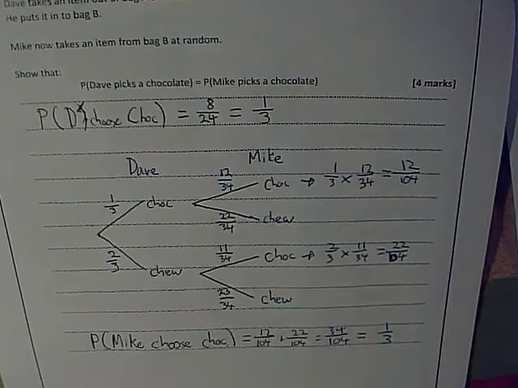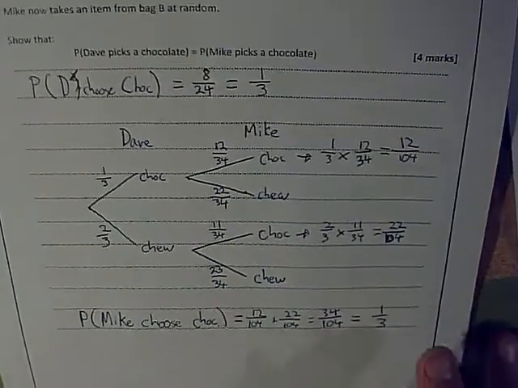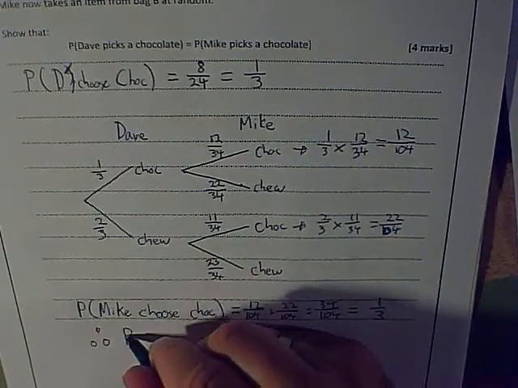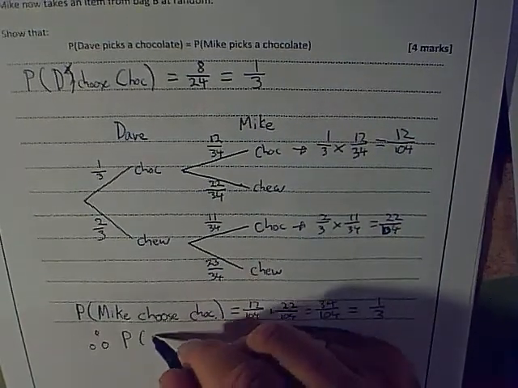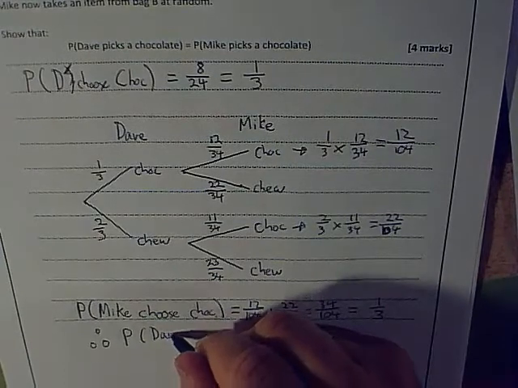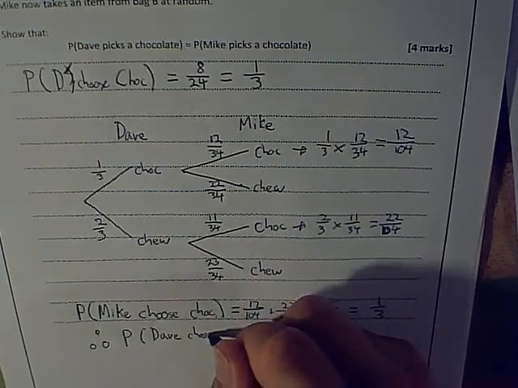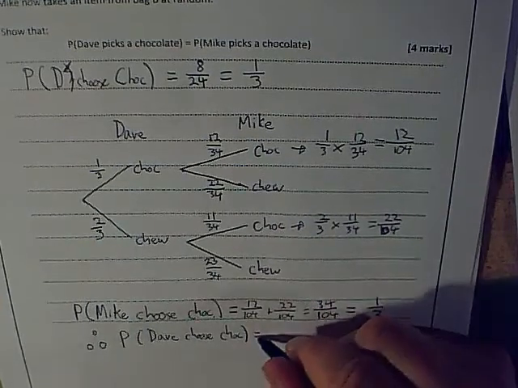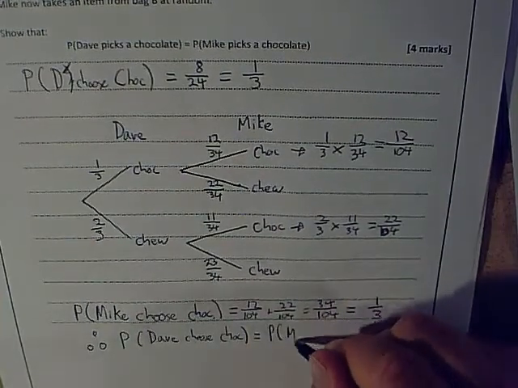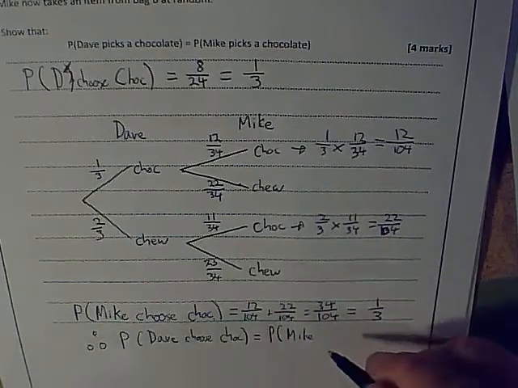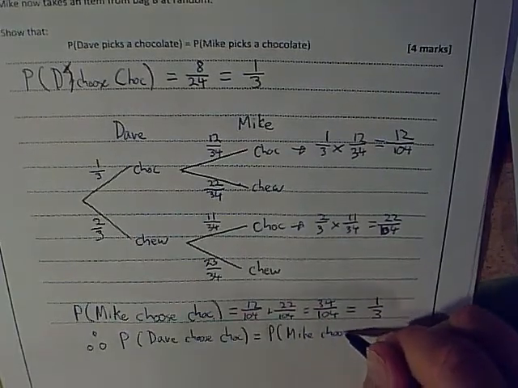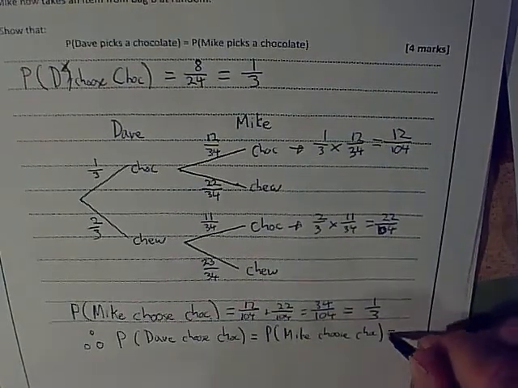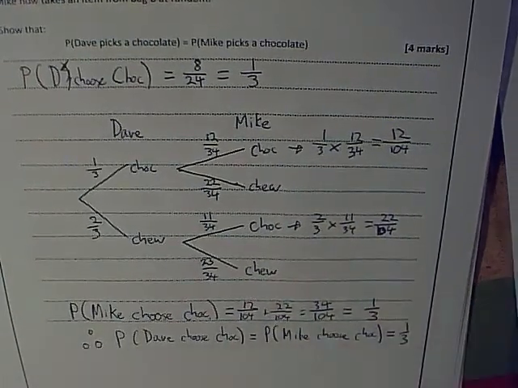So we've shown, and I'll just finish it off. So therefore, P(Dave chooses choc) equals P(Mike chooses choc). And let's just put that, it's equal to 1/3.